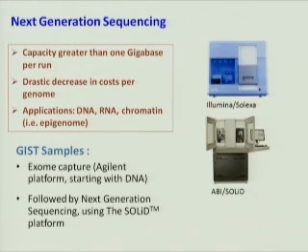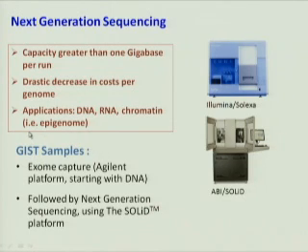A little bit of background about next generation sequencing: obviously, the capacity of these platforms is huge, more than 1 gigabase per run. Because of this automated high throughput sequencing, the result is a dramatic decrease in the costs per genome, and it can be applied not only to DNA but also RNA and chromatin.